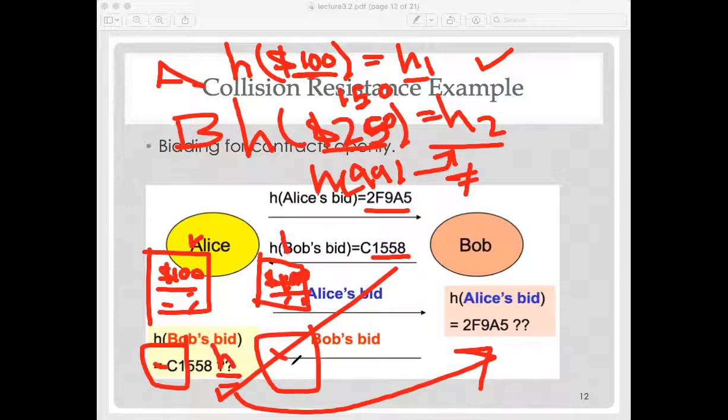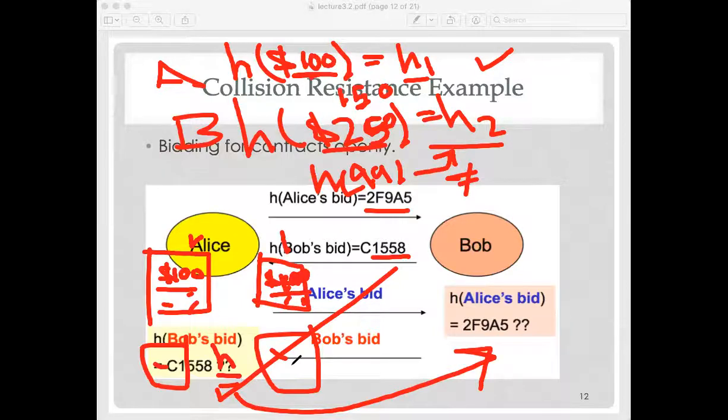And if she cheats, it basically breaks the system. This is why we need each one of those components.